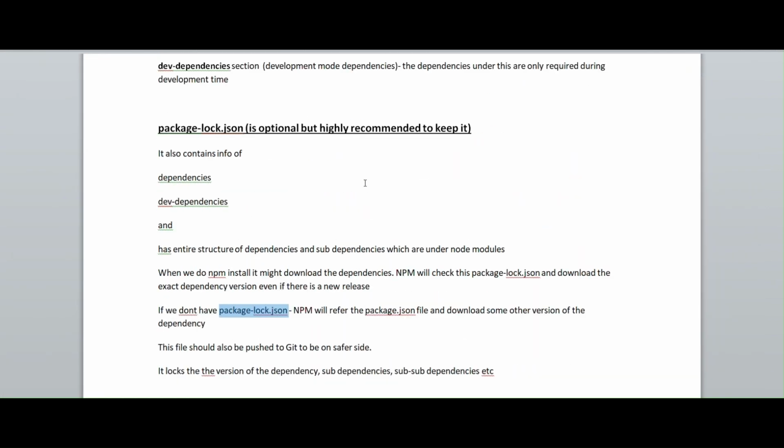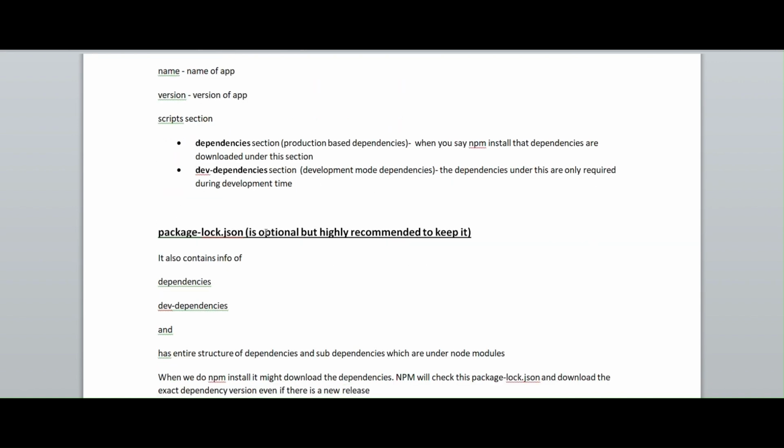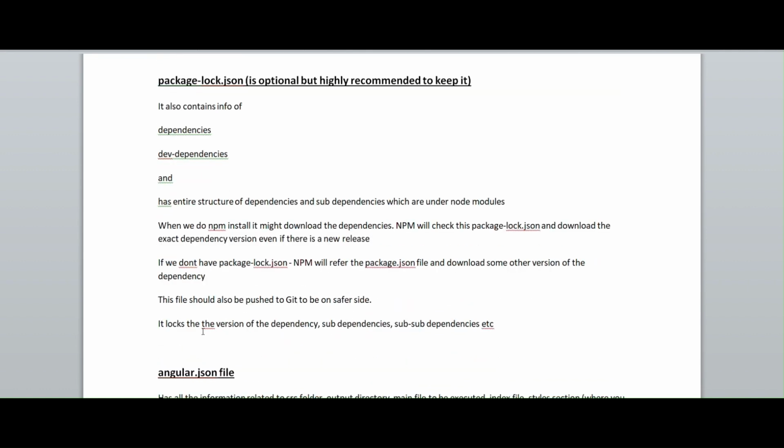So that is it. To give a summary, package.json contains metadata of our application and dependencies that are required by our application. Basically, these are the main two sections, dependencies and dev dependencies. And package-lock.json, the main thing is it locks the version of the dependency and sub-dependencies.